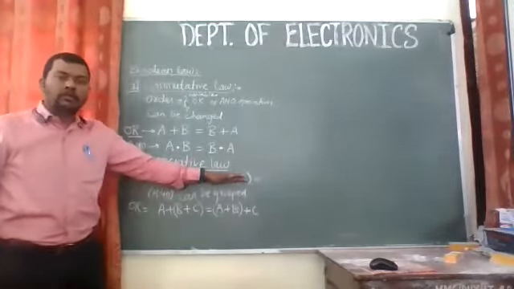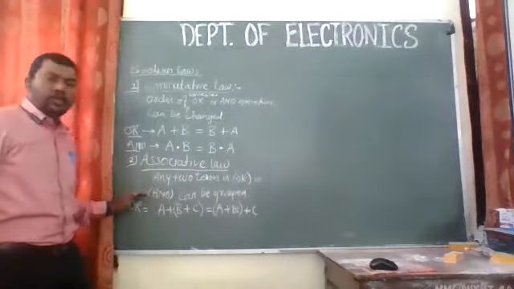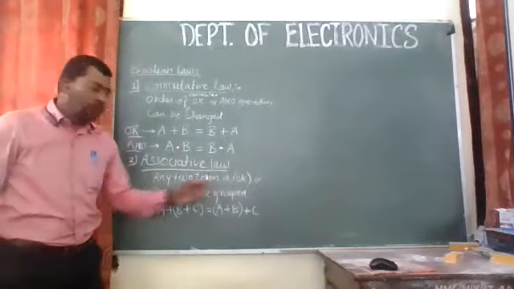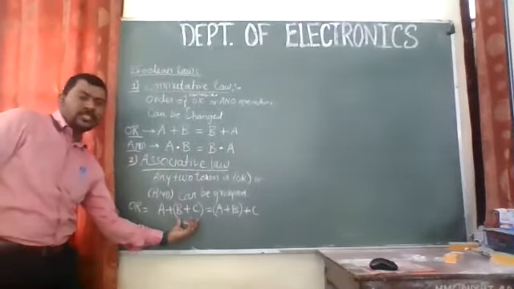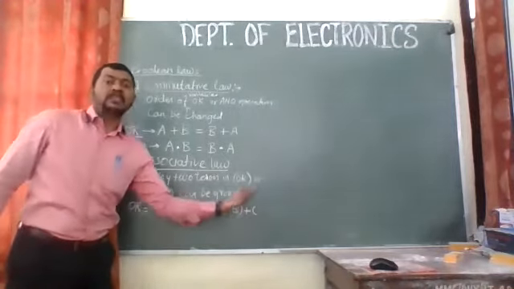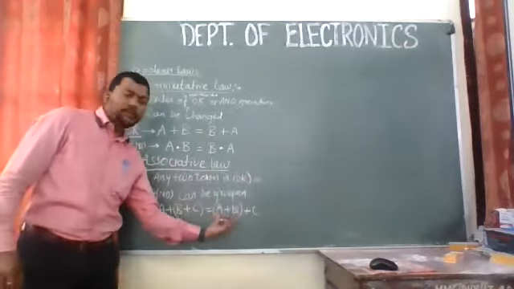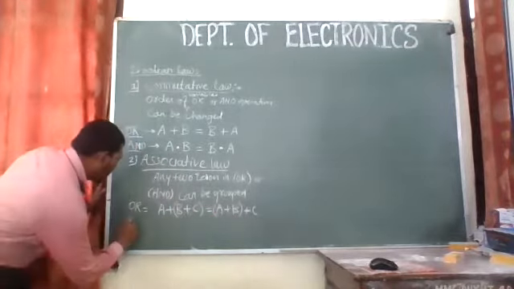Sum means OR operation and product means AND operation, and any two terms can be grouped. So A plus (B plus C) can be written as (A plus B) plus C. A plus B is grouped over here, and here B plus C is grouped.